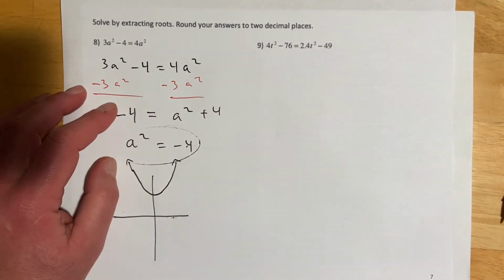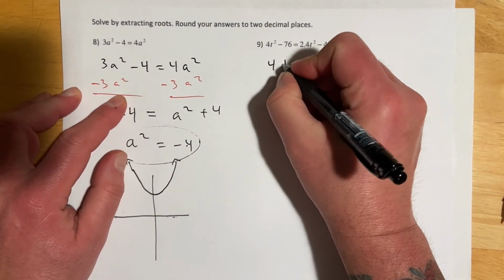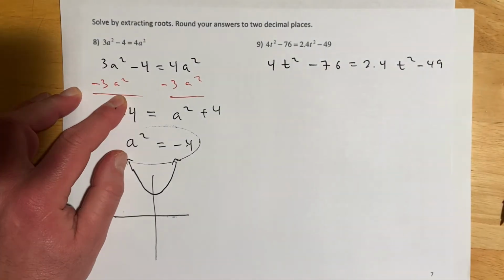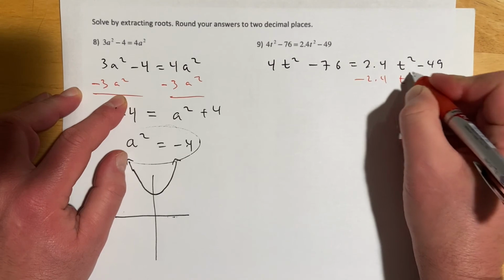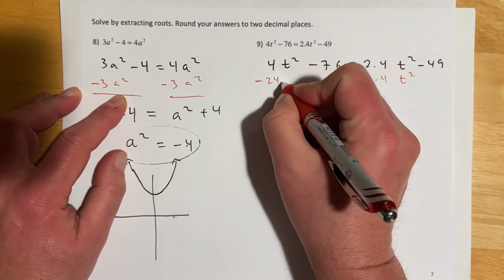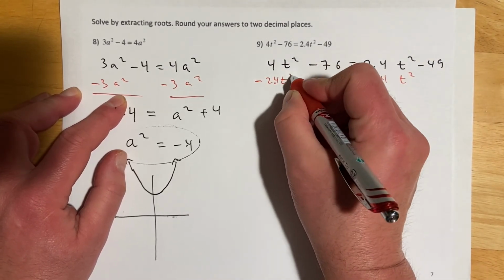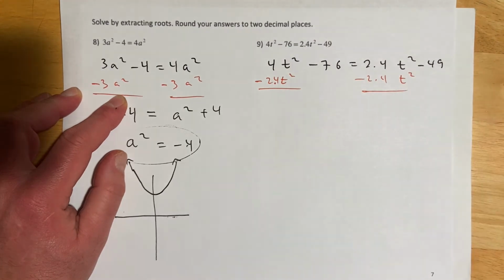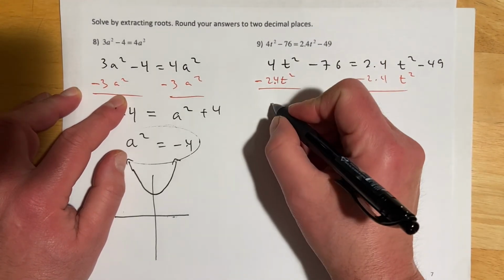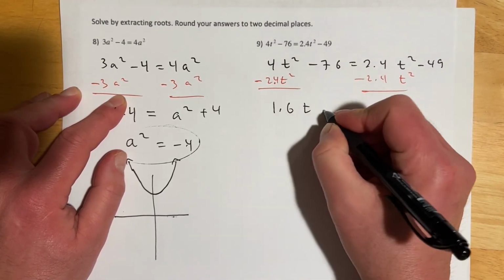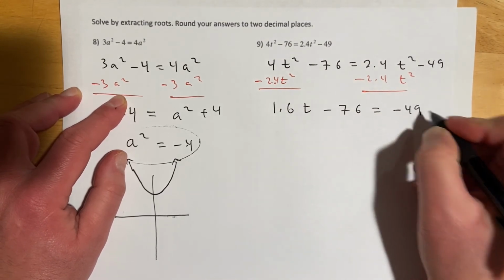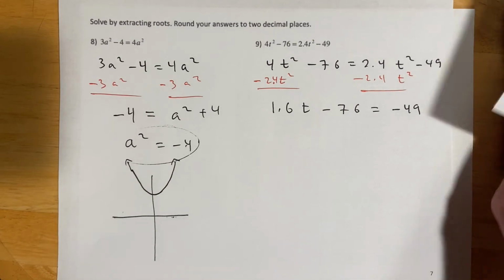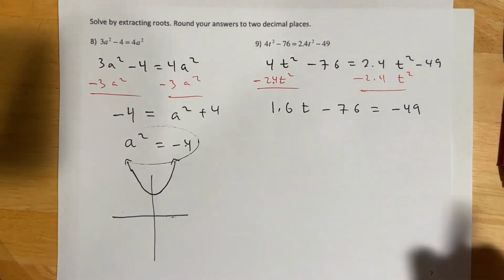For this one, let me write that bigger. So here we want to isolate the squared term. And that will get us on this side 1.6t squared minus 76 equals negative 49. And then from there we'll add over the 76.